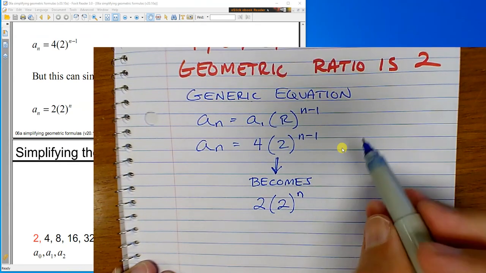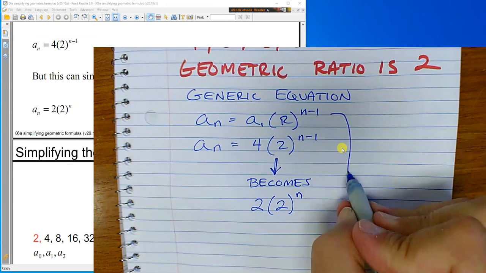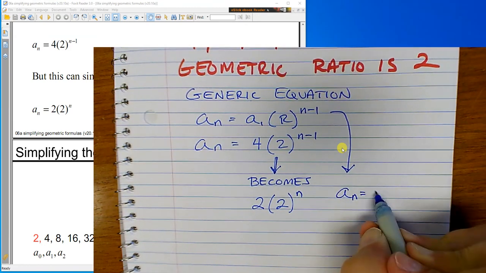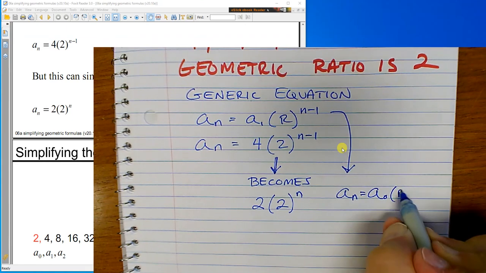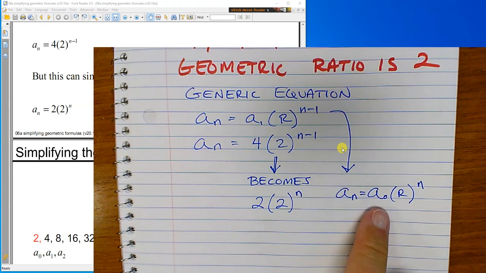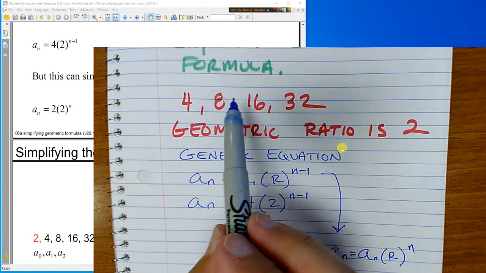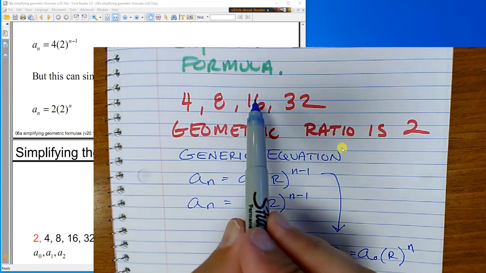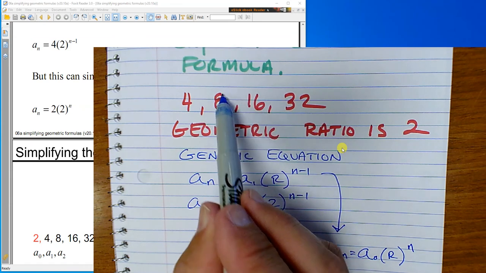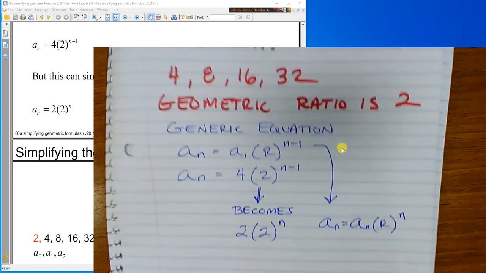And here's how I did it. What I really used is a new formula, a sub 0 times the ratio to the n. So you start with a sub 0, which means you actually have to take this thing backwards a little bit. This is a sub 1, a sub 2, a sub 3, times 2, times 2, times 2. Divided by 2, divided by 2 takes you to a sub 0.